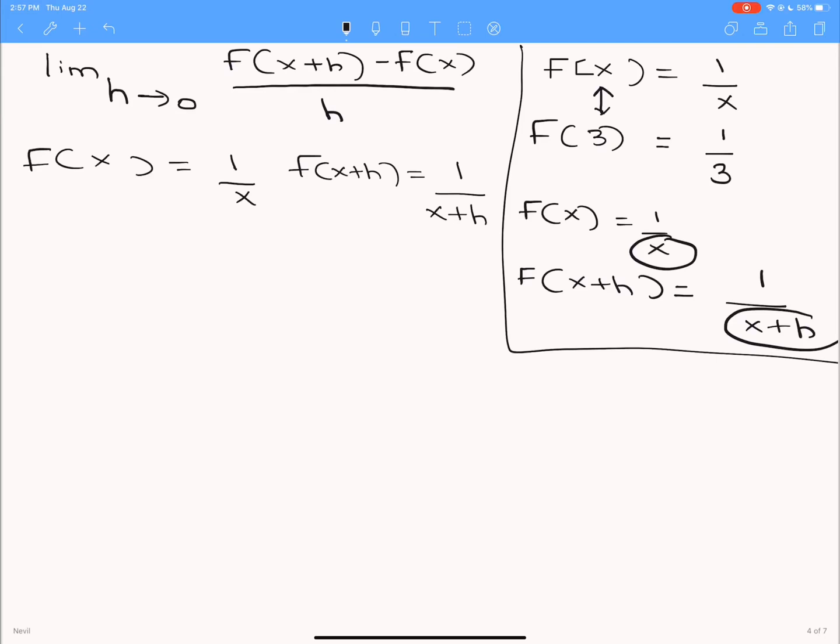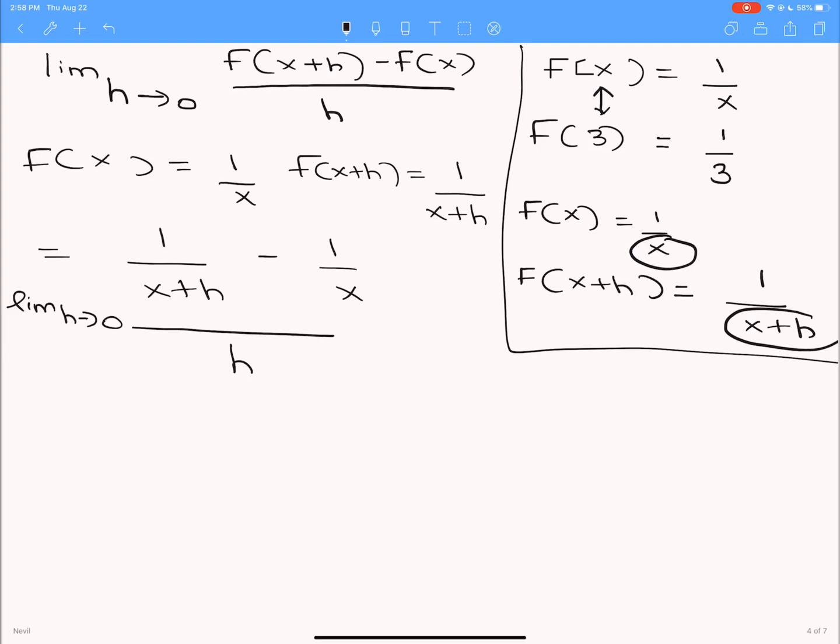Now my formula changes into 1 over x plus h minus 1 over x, divided by h. And my limit, h tends to 0, is still there, but for now I'm going to keep that to the side and concentrate on 1 over x plus h minus 1 over x divided by h.